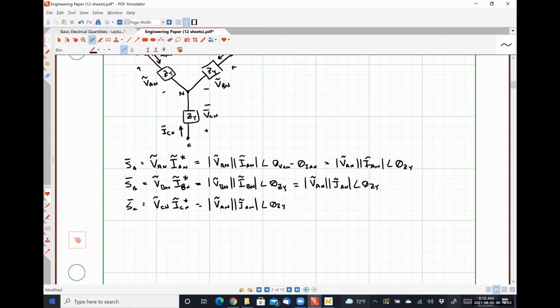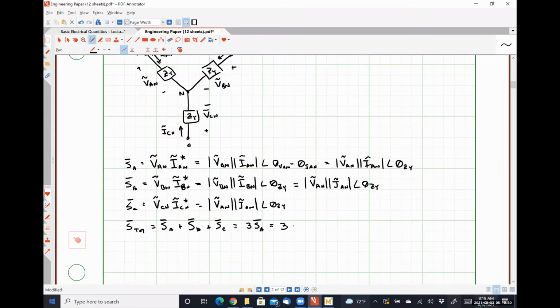So from this, the total complex power, SA plus SB plus SC, is just going to be 3 times SA, because all of the phases are going to absorb the exact same amount of complex power. So what I'm going to do now is split this up a little bit.